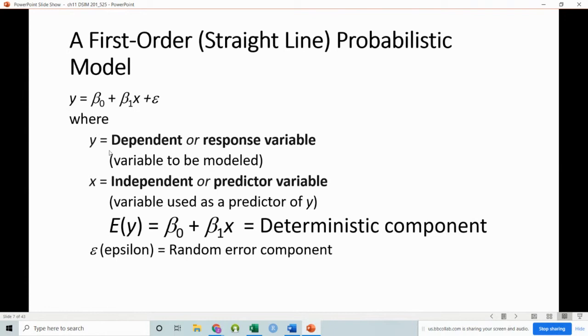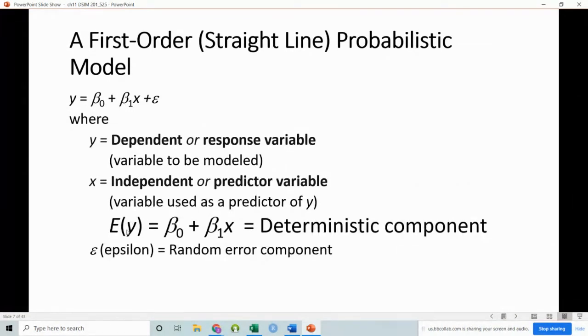So y is our dependent or response variable, the variable to be modeled. It's what we're trying to predict. The x variables are independent or predictor variables, the variables we're using to try to predict that y variable.